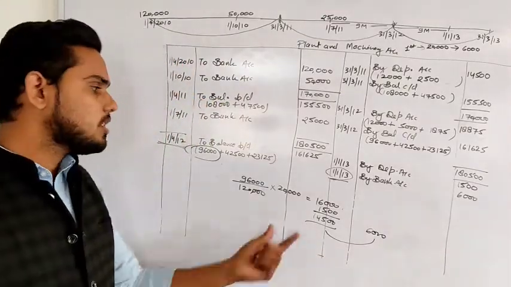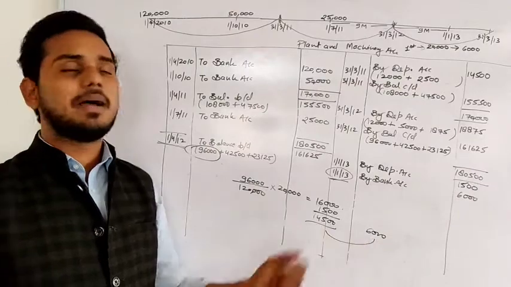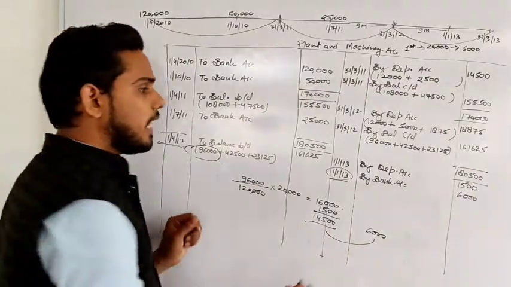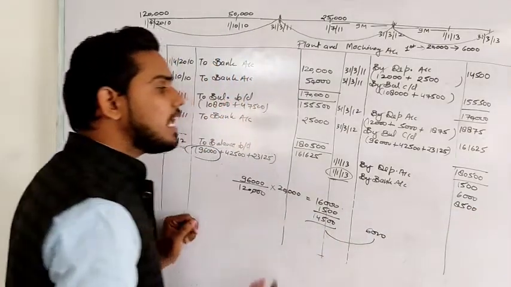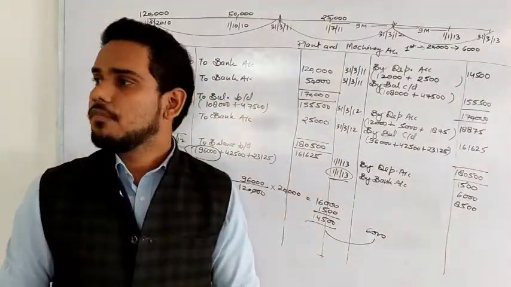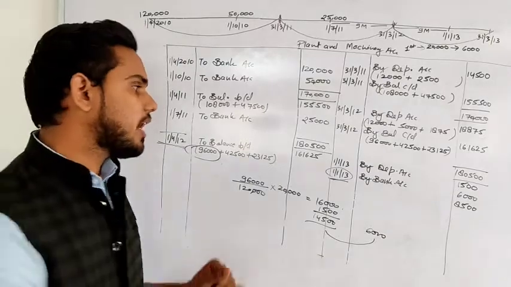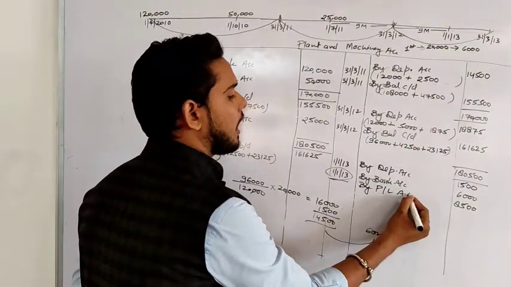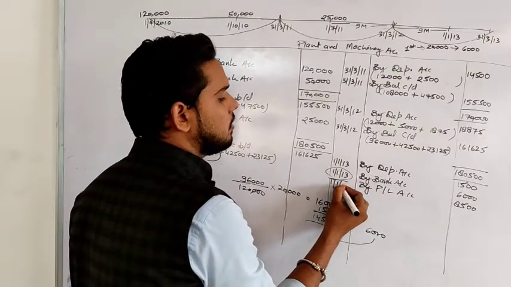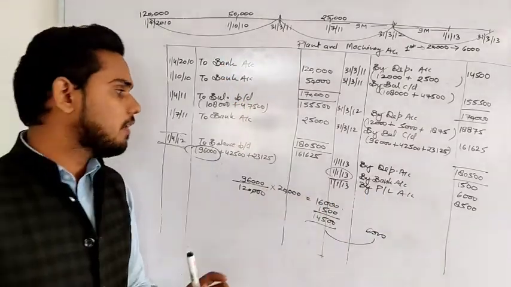And what is that loss? 14,500 minus 6,000. So that will be 8,500. So this is the loss on sale. This way we can find the loss on sale, right? So we'll write by profit and loss account on the same date, 1st January 13. Now we have done everything.